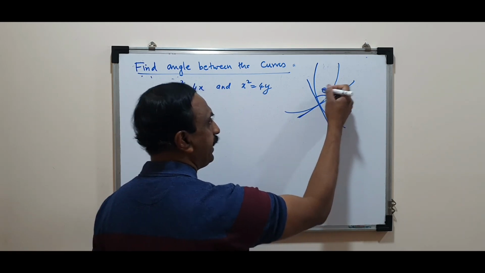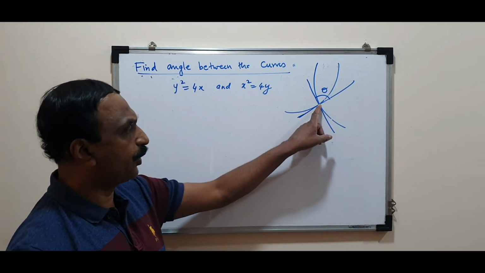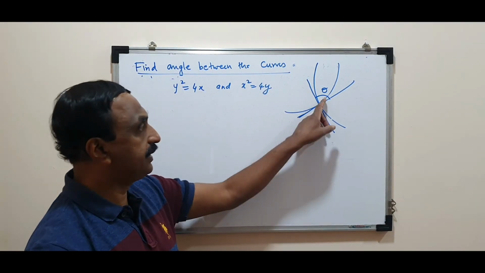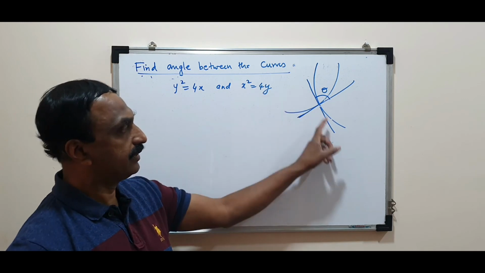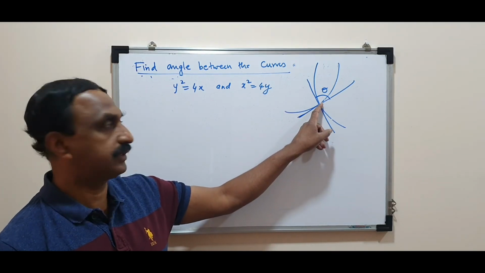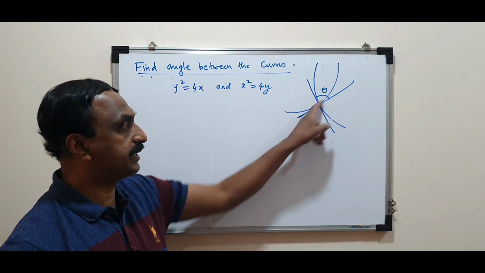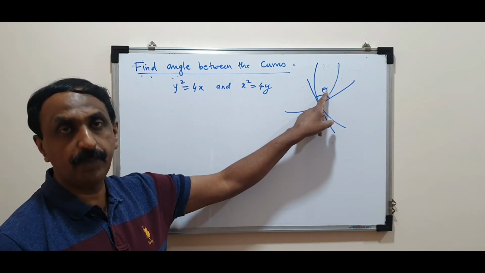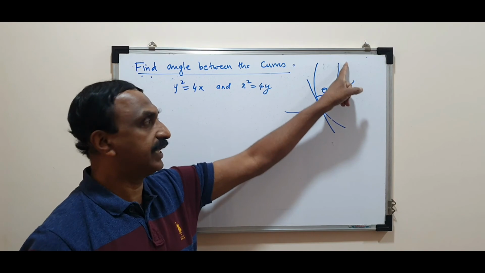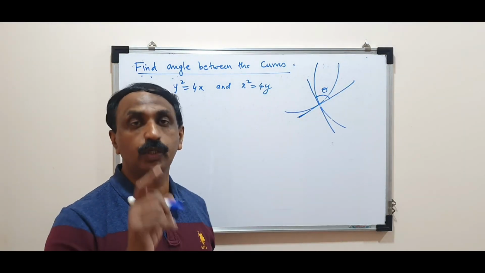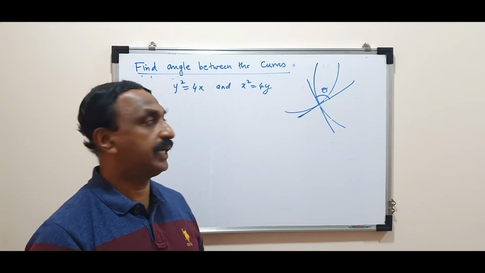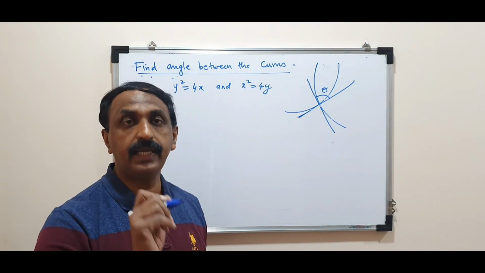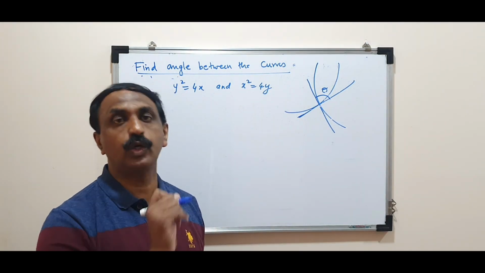The angle between the tangents at their point of intersection is the angle between the curves. If this happens to be perpendicular, then we say the curves intersect orthogonally. If the angle between the tangents happens to be 90 degrees, we say the curves intersect orthogonally.